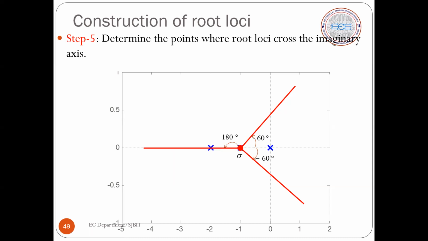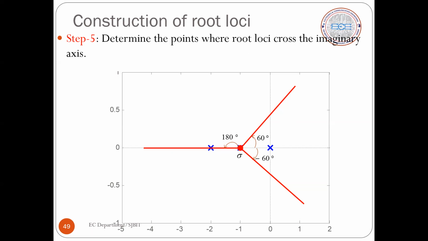So now the next step, a very important step in constructing the root locus, is to see whether the root locus crosses the imaginary axis or not. What we have learned so far: step number 1, drawing the pole zero plot. Step number 2, existence of root locus on the real axis. Step number 3, asymptotes, angles and the centroid we computed.